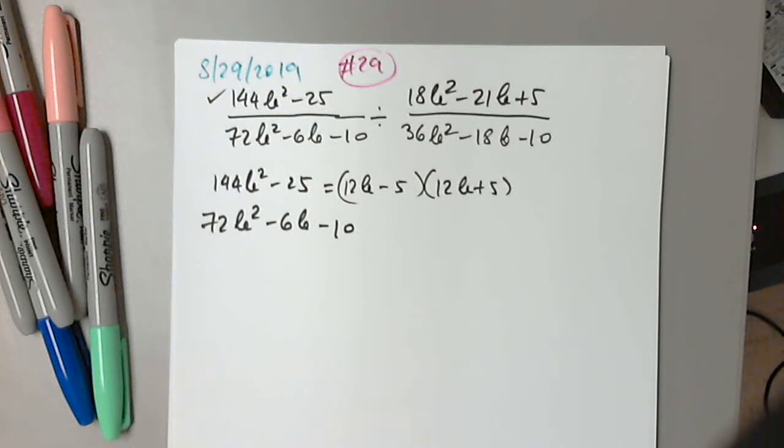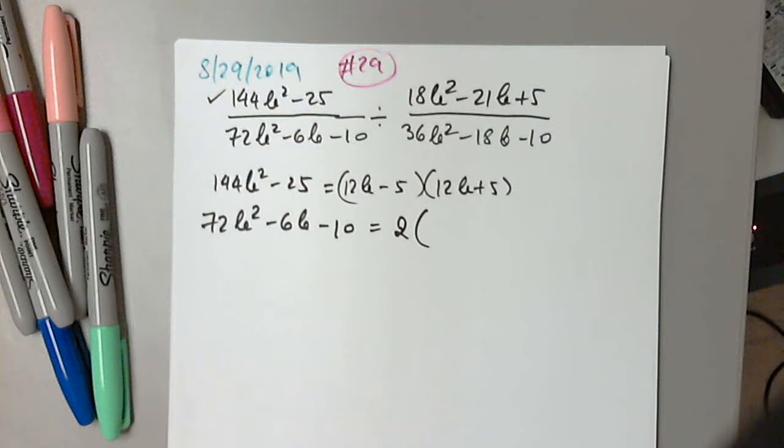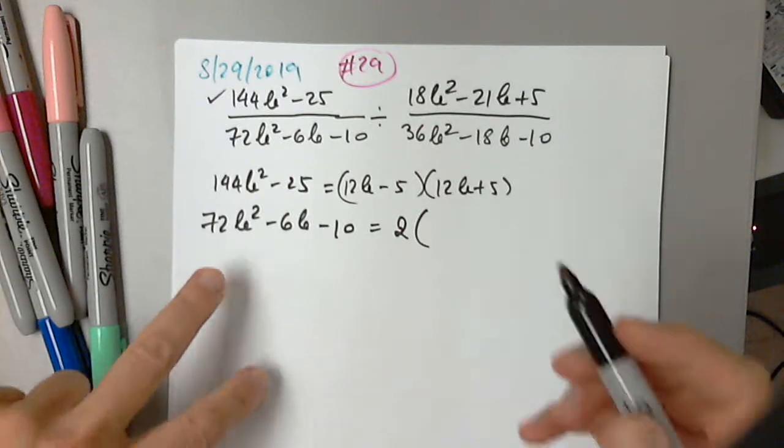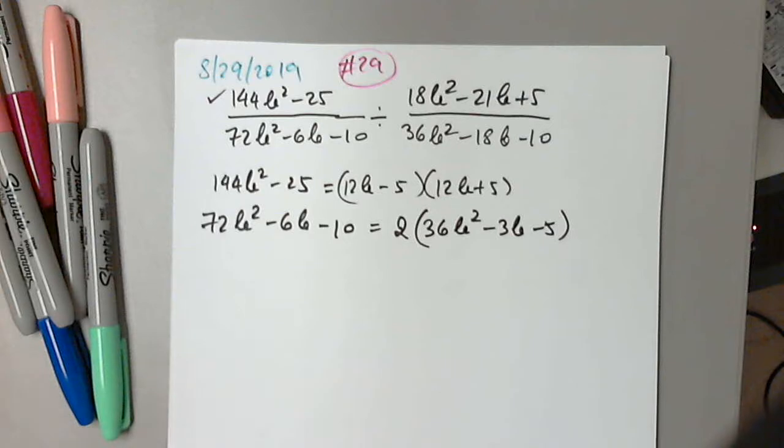The third question, mandatory, you could never skip these steps: is there a greatest common factor? I have to say yes. There is a greatest common factor, which is 2. If we don't factor the greatest common factor, we make our life more miserable, or more difficult, if you want. So this is 2 times 36b squared minus 3b minus 5.